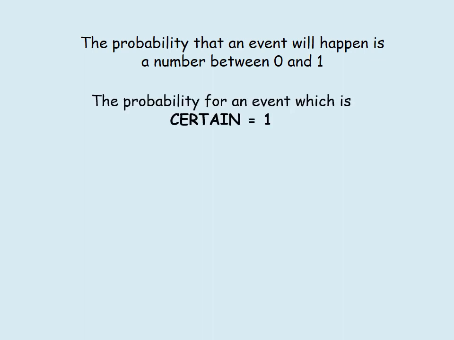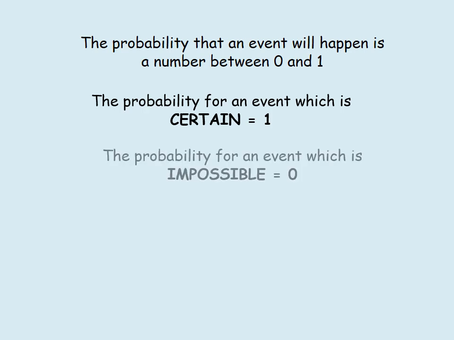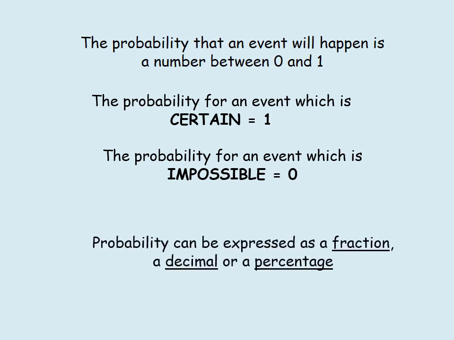The probability for an event which is certain equals 1. The probability for an event which is impossible equals 0. Probability can be expressed as a fraction, a decimal, or a percentage.